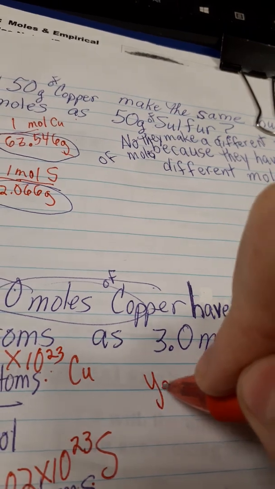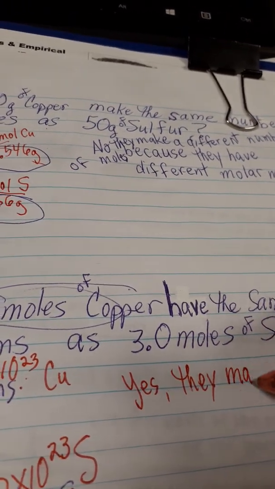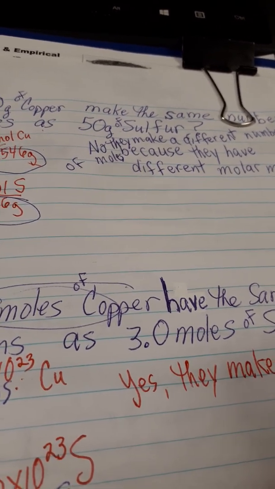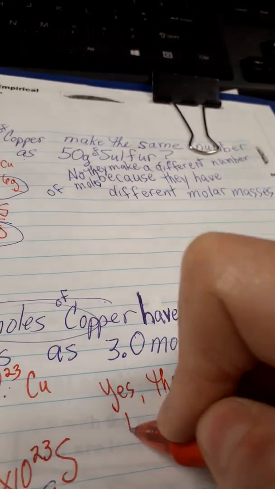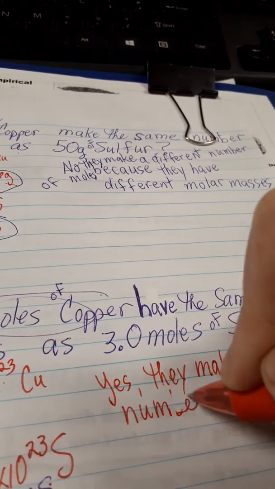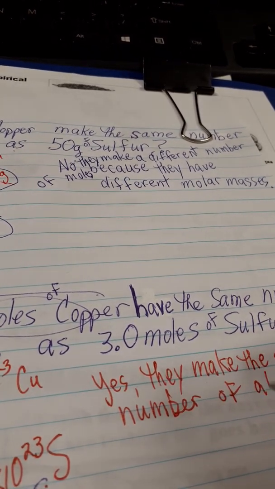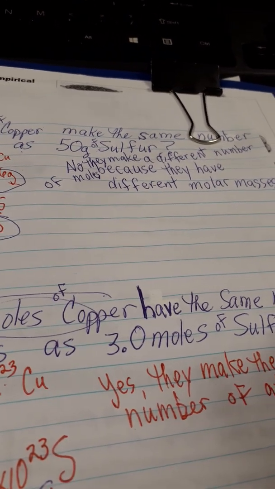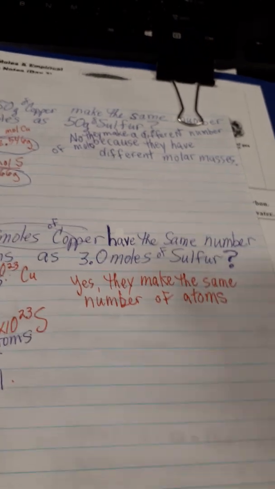So yes, comma, they make the same number of atoms. Now that's better writing. At the end of the grading period, they're going to have us grade you on scientific writing. This way I'm teaching you how to do it.